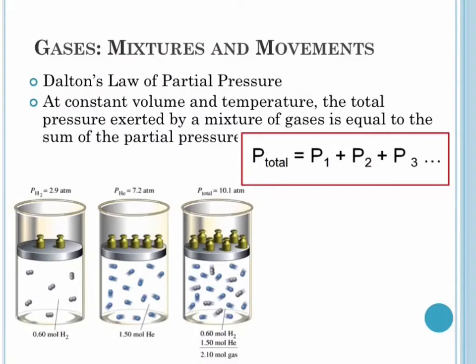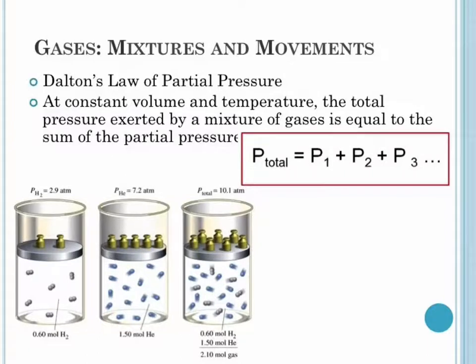So what we're going to do now is, if I take a canister, we're going to look at mixing some gases. If these gases are all at the same temperature and their volume's not changing, and we mix them together, the total is the sum of the pressures that each one of them gives.